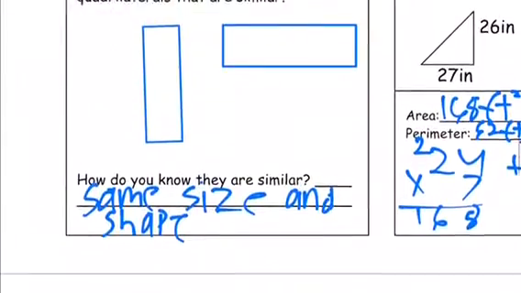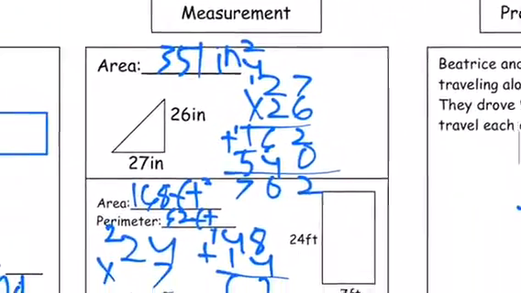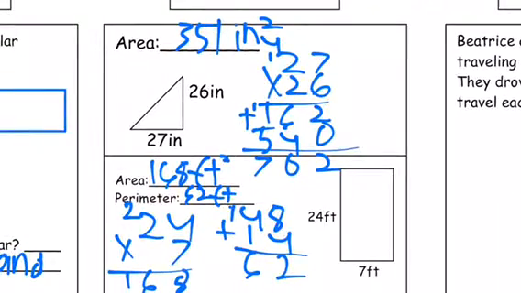Number 9. Okay. The area of a triangle, you have to do a half times the base times the height. What's my base? 27. What's my height? 26. Okay. What number can I easily take half of, Kelsey?